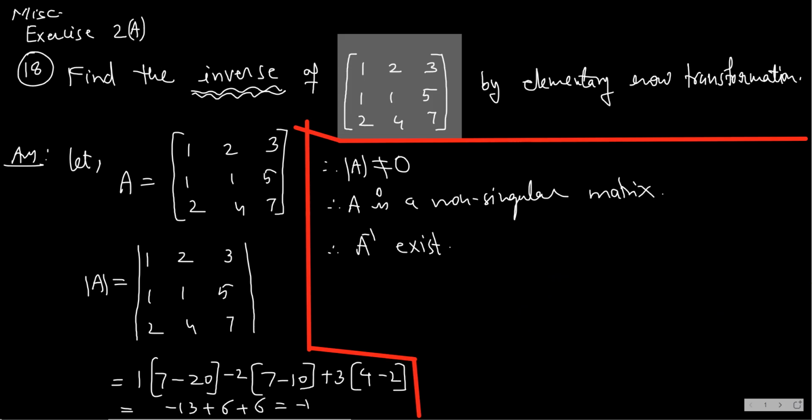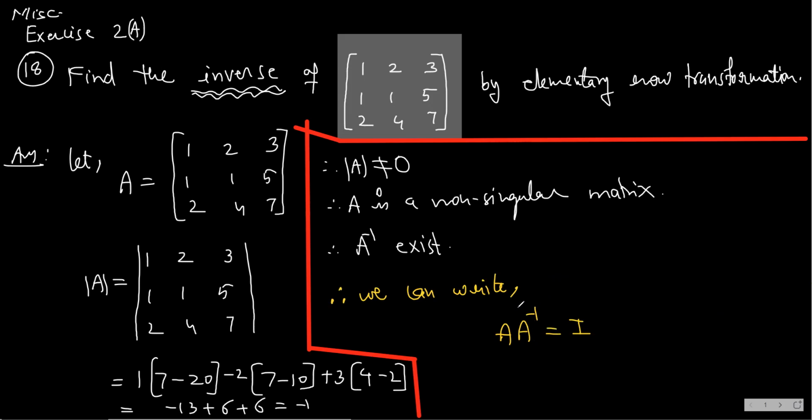Now see here, students, check this. If A inverse exists, therefore we can write A into A inverse equals I. This is true. That is the definition of A inverse.